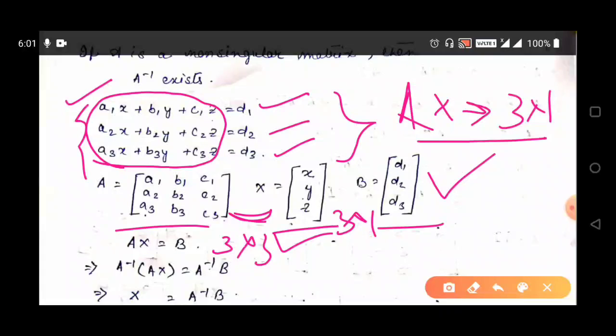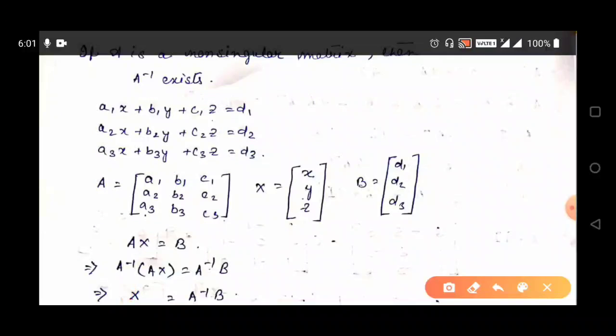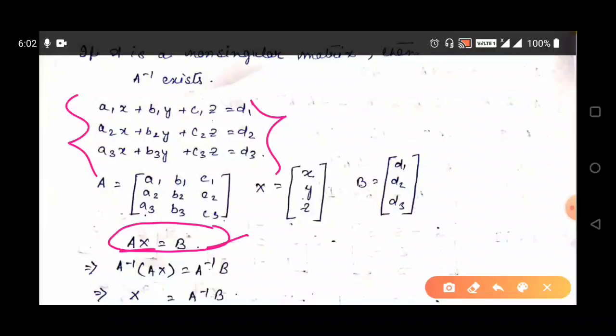That means it will have 3 rows and 1 column. Now we can write AX = B. If we write AX = B, then from there we will get this system of equations only.